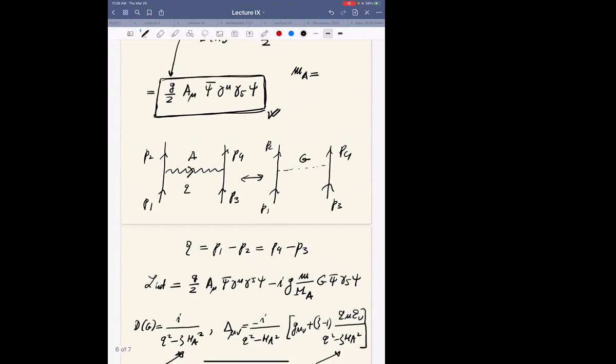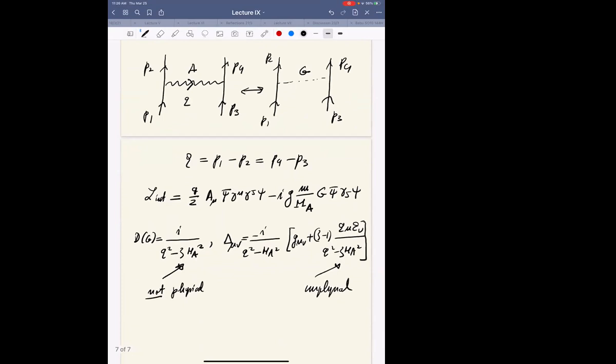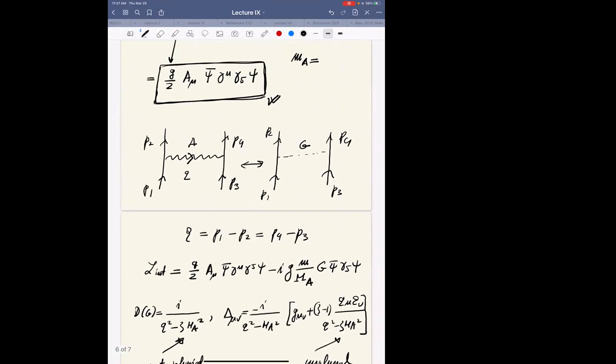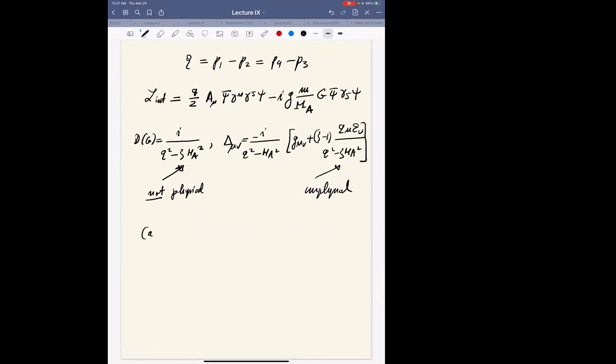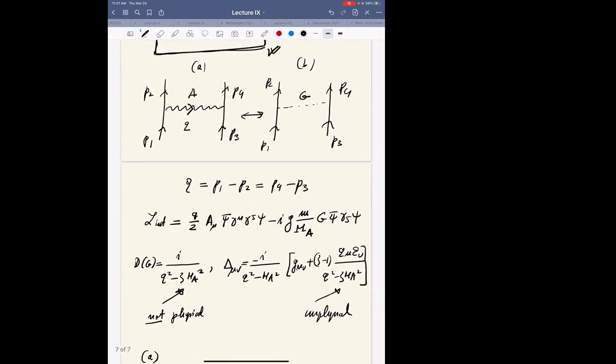So please ask me if you missed something here so that you can reproduce it. But you got to help me because I can make a mistake. So I have two terms, A and B. Let me start with A. Because when I do the Feynman rules, there is a factor i times an interaction. I don't care about the overall sign.